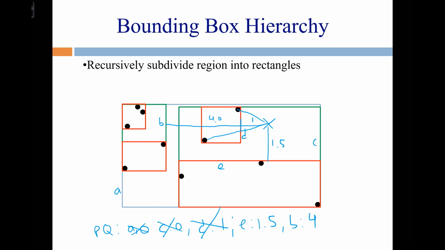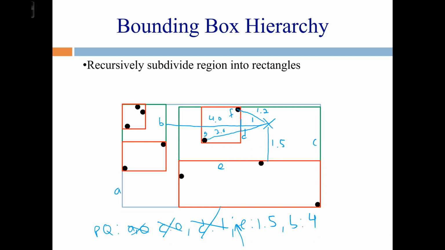So if I say this point is F, and this point is G. Let's say F has a distance of maybe 1.2, and G has a distance of, I don't know, 2. So I'm going to put F onto the queue with a priority of 1.2, which will put it in front of E.